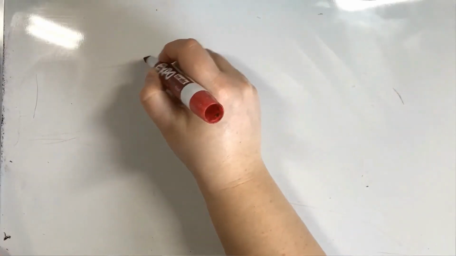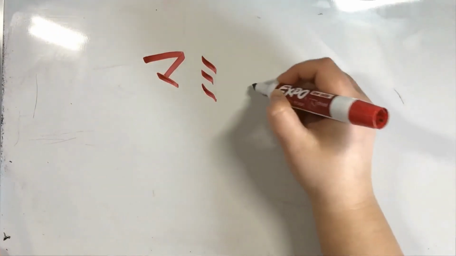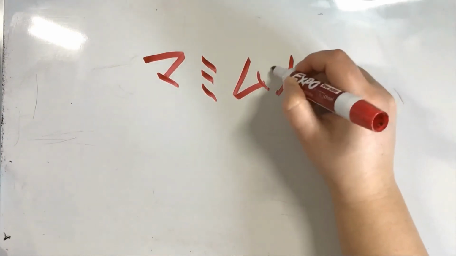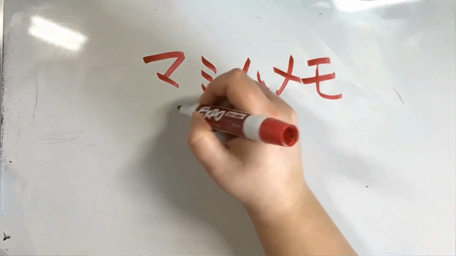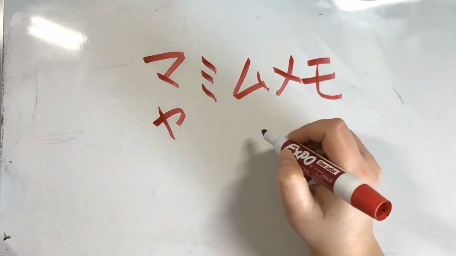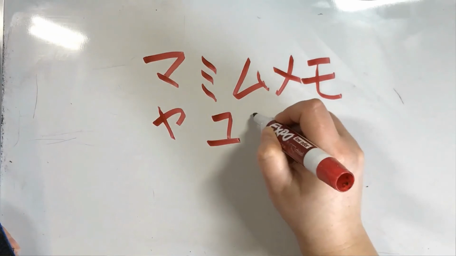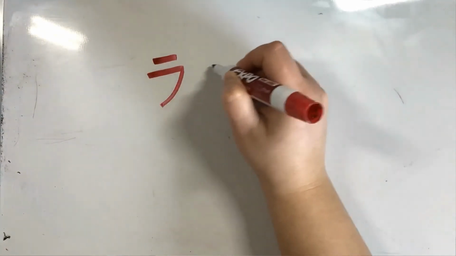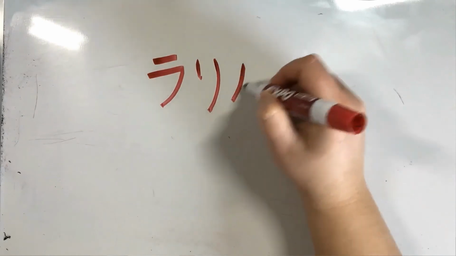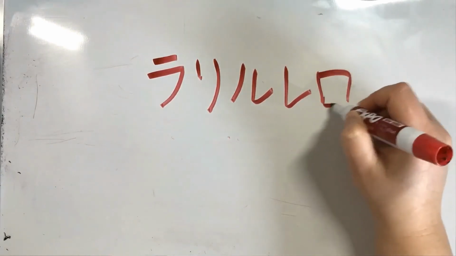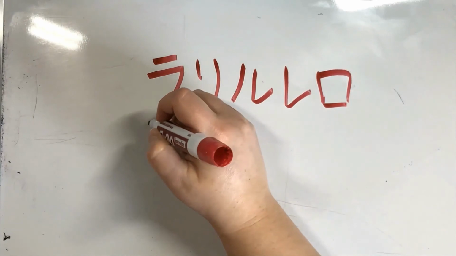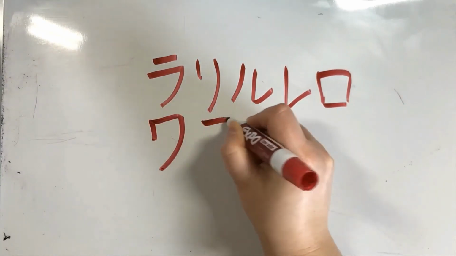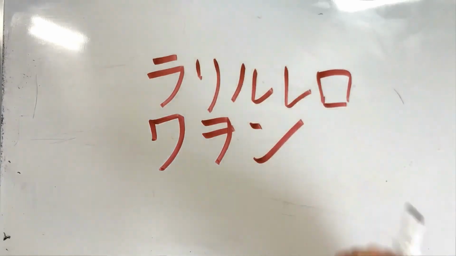We had ma, mi, mu, me, mo, ya, yu, yo, ra, ri, ru, re, ro, wa, o, and n. So that concludes the 16 characters that we'll be learning today.